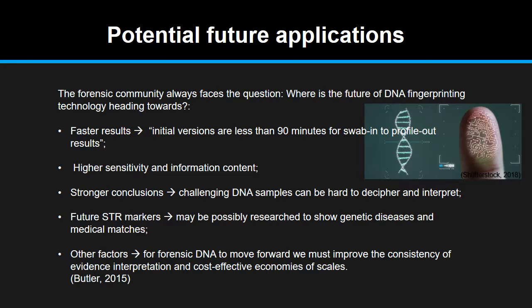These will require software or a database that can understand the limitations and therefore produce stronger conclusions with probabilistic approaches to complex evidence. Some other factors in the potential future applications of DNA fingerprinting include moving forward with evidence interpretation and creating more cost-effective economies of scale.